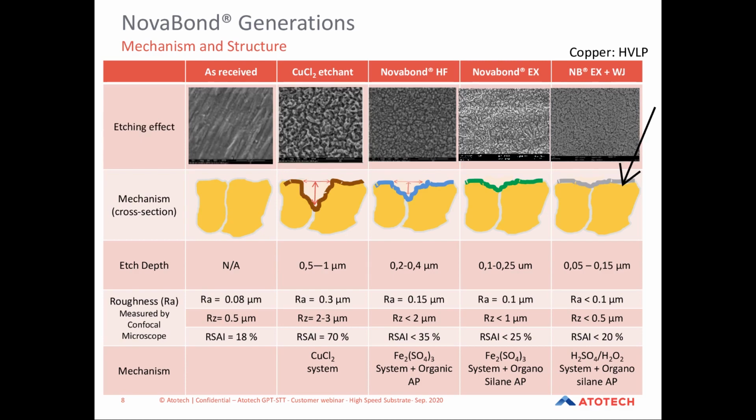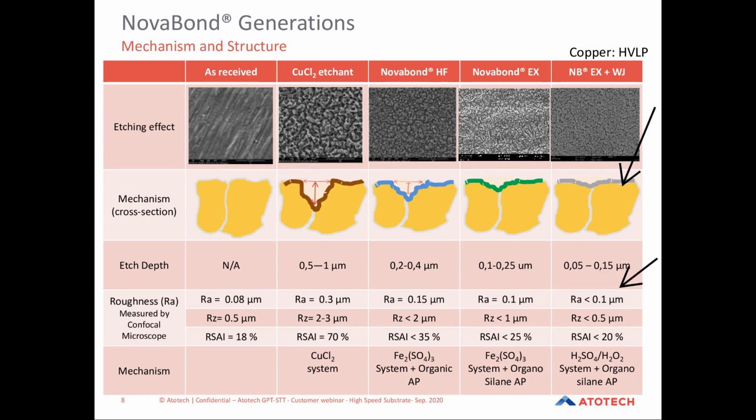This also reflects the high frequency application for the high speed substrate, so the roughness has to be minimized too, which is our target, as you saw from the roadmap before, lower than 100 nanometer or lower than 0.1 micrometer.